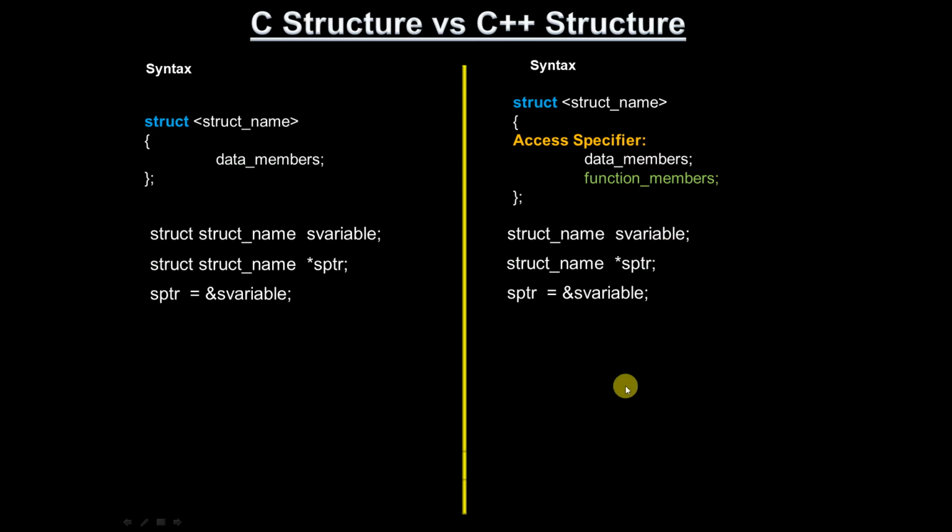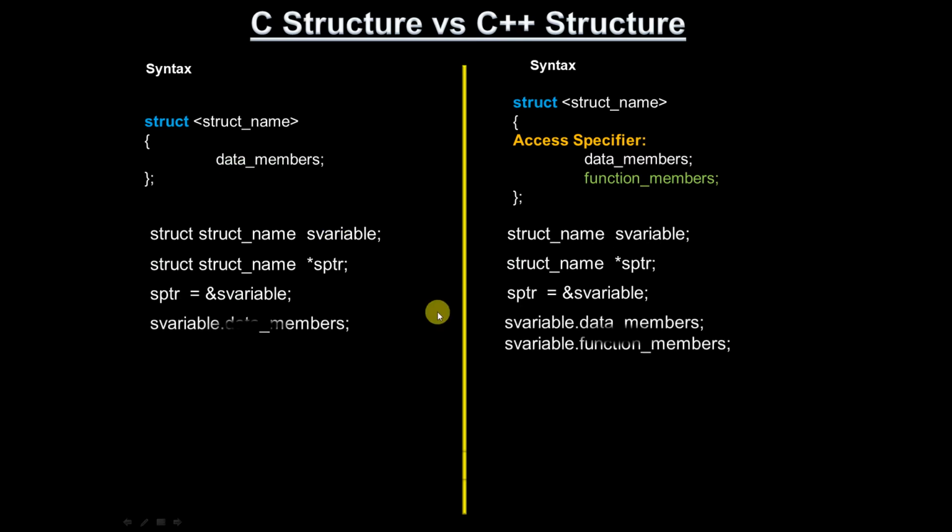Now, if I want to access the data members of this structure, either I require the structure variable or the structure pointer. By using a structure variable, you need the structure variable as well as the dot operator to access the members of this structure. In the same way, in a C++ structure, you need the structure variable and dot operator to access data members as well as function members.